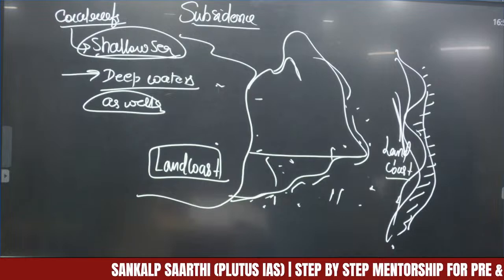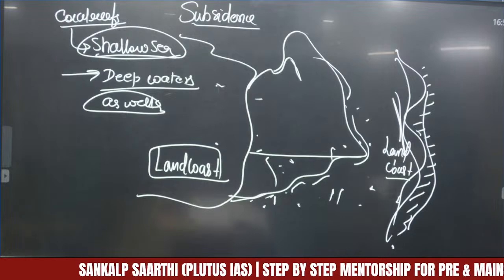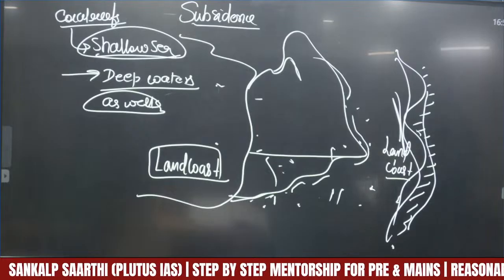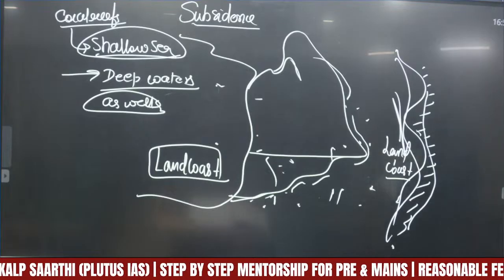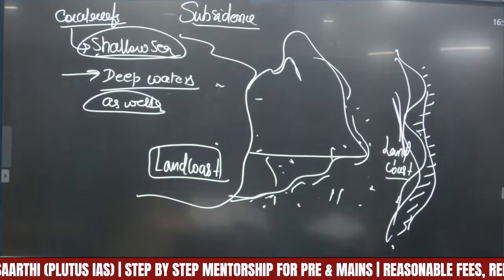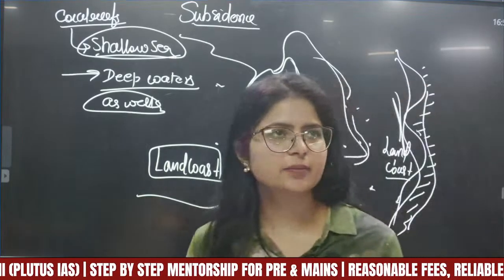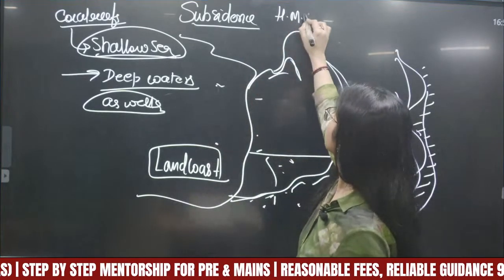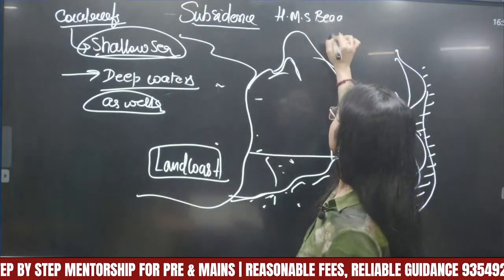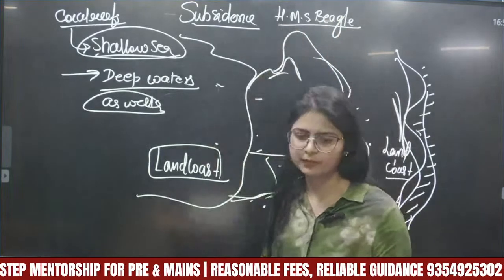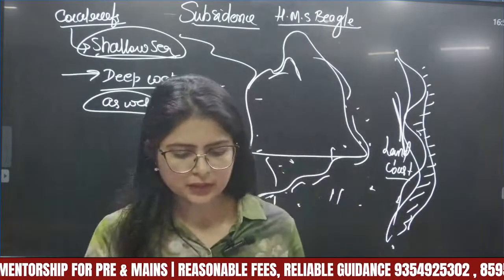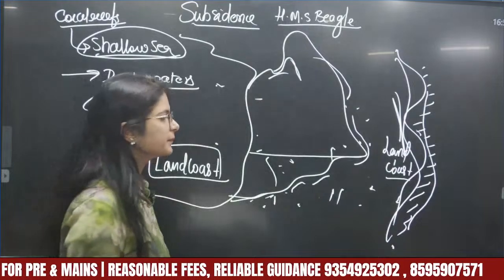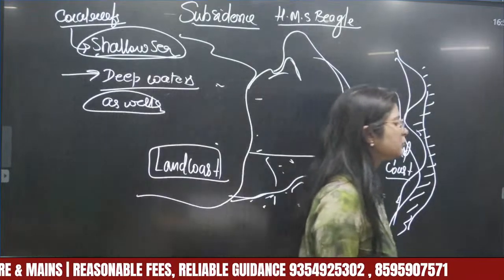In 1842, he modified his theory when he had gone on his voyage on the ship HMS Beagle. Full stop. He observed salient stages of reef extensively in Pacific Ocean.